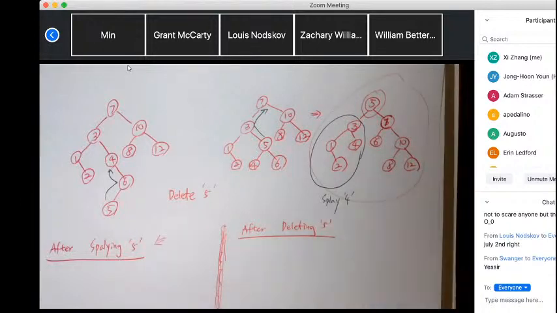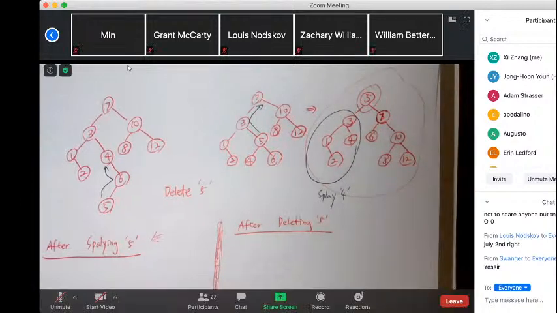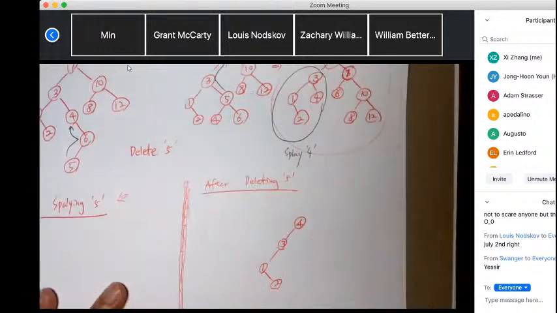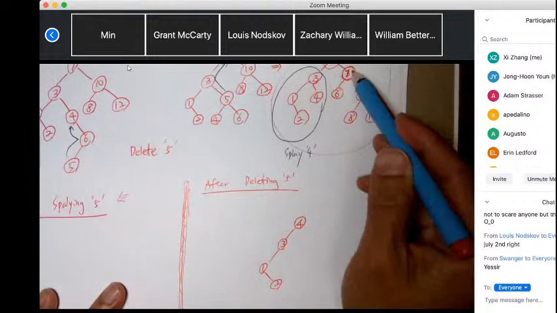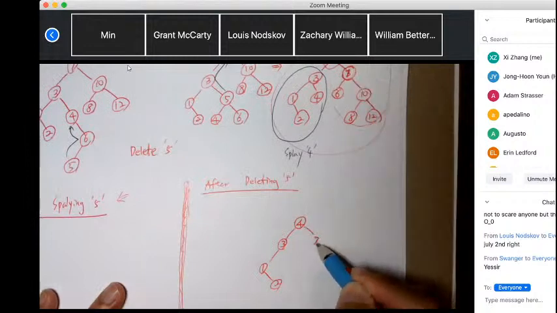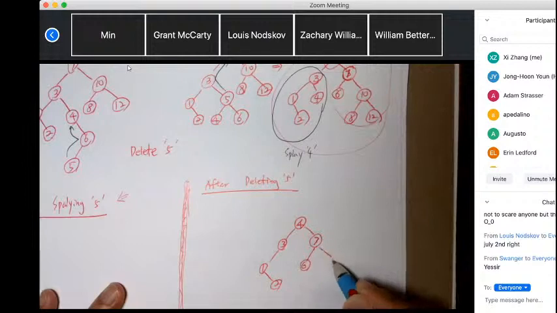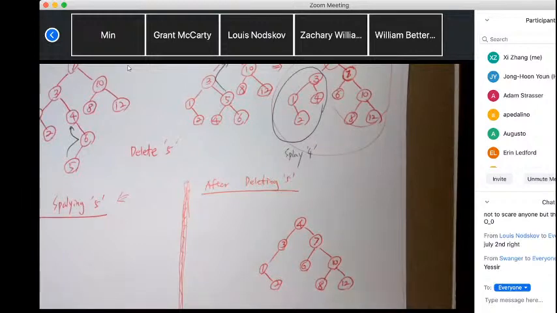After splaying 4, 4 is pushed up, 3, 1, 2 become the left child of 4, and 7 will bypass 5. So the entire right subtree of 5 becomes the right subtree of 4. So that's the resulting tree after deleting 5.